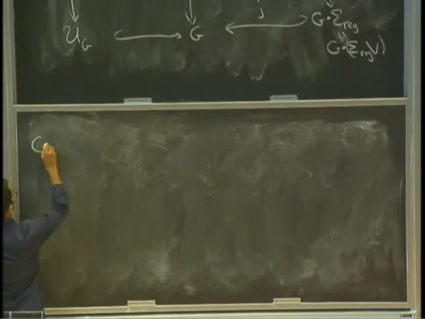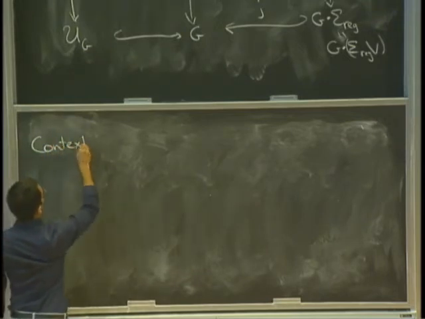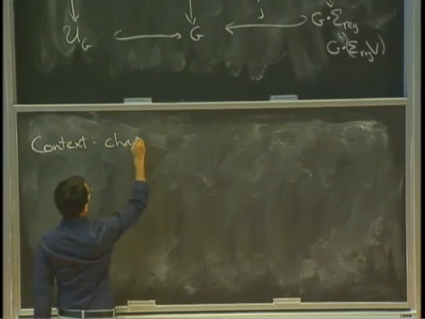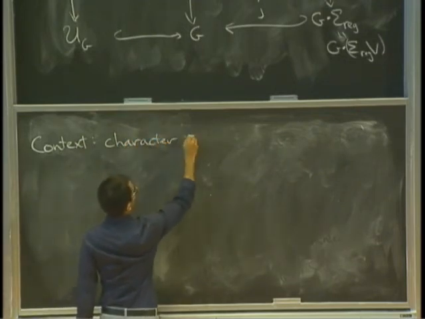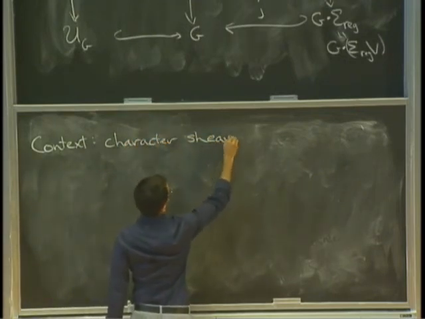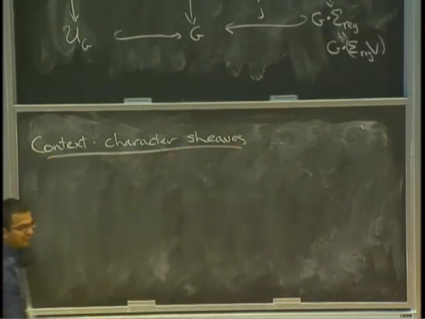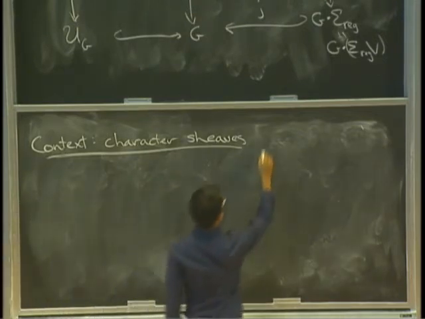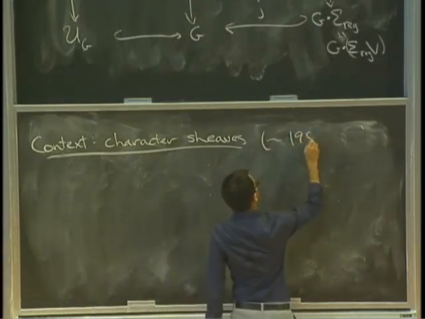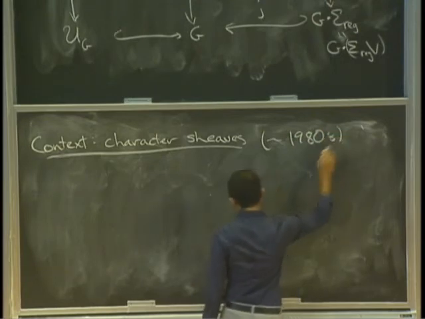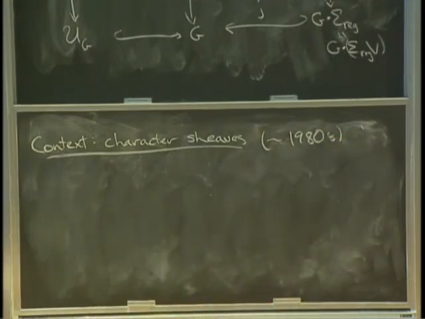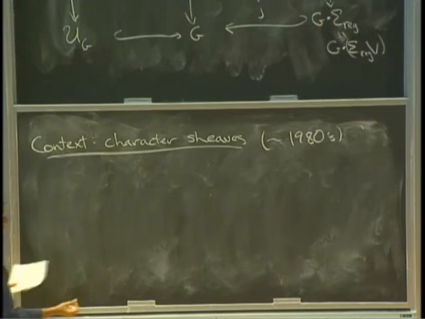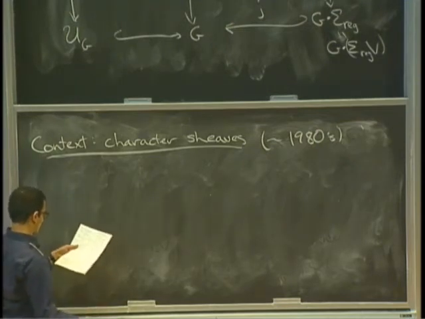I'm not going to tell you what character sheaves are, because that could be a mini course or a semester in itself. They were invented in the mid-1980s, and by now there are various more modern approaches and more sophisticated perspectives on what they actually are.